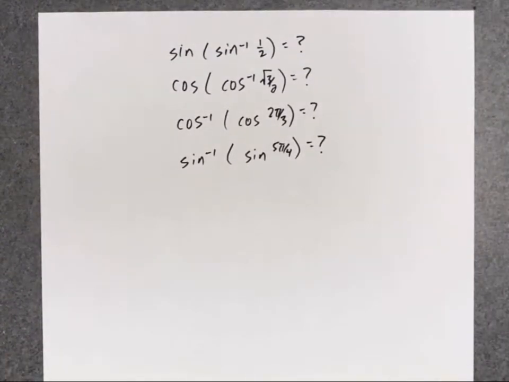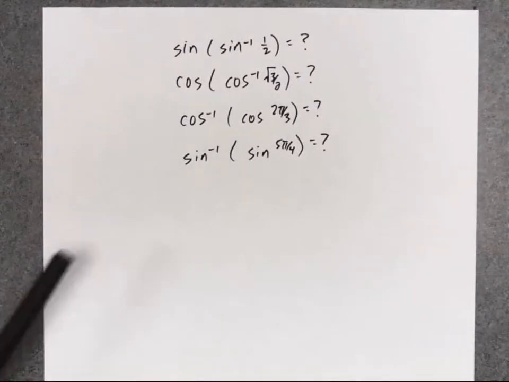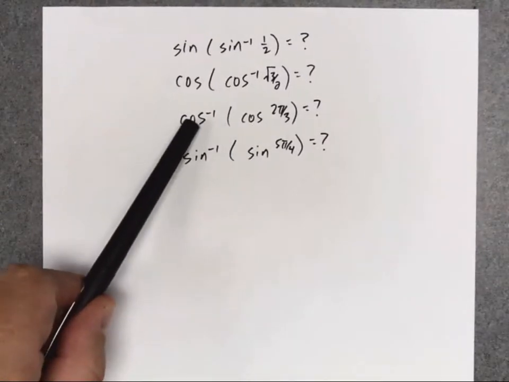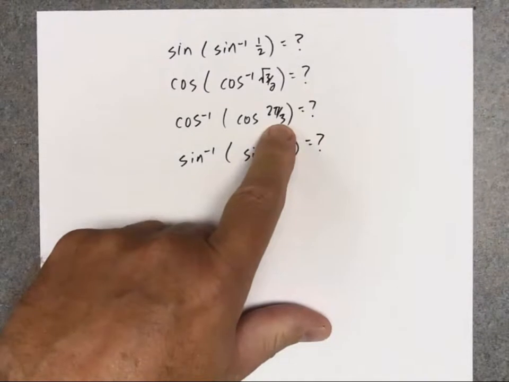Now some of you, if you recall back when we first started learning about inverse trig functions, we said one of the purposes of an inverse trig function is that it will cancel out the trig function, and you're just left with what's inside.